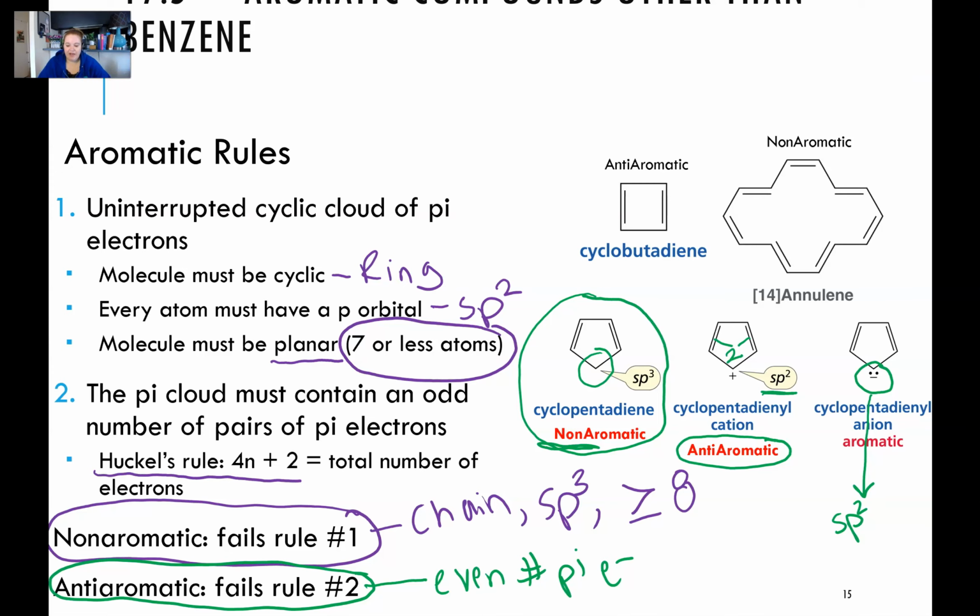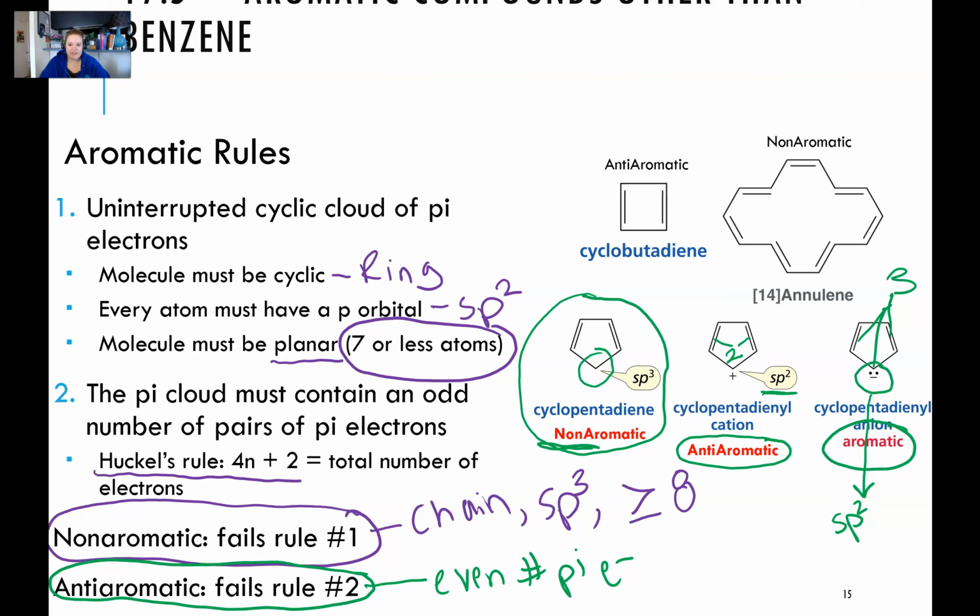If that carbon is hybridized as sp2, we now have 3 pairs of electrons, and we can label this as aromatic. If that's an sp3 carbon, then it gets labeled as non-aromatic because we wouldn't have a full ring of electrons.